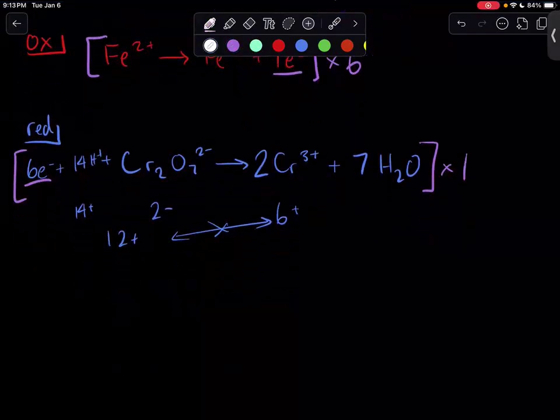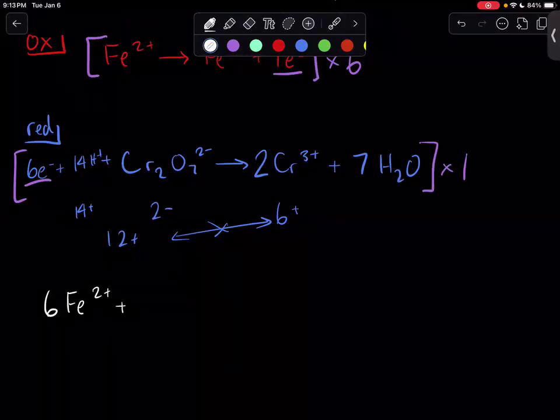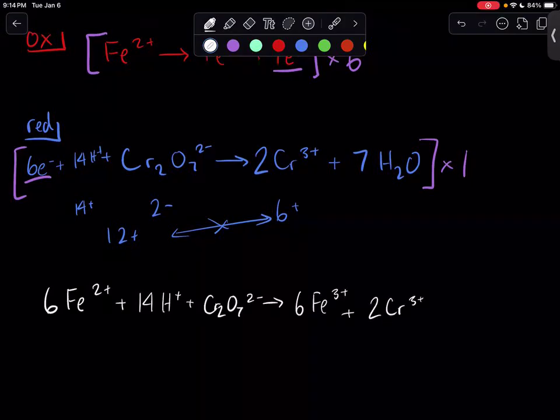And what I end up with is 6 Fe2+ plus 14 hydrogen ions plus dichromate, Cr2O7 2-, reacts to form 6 Fe3+, 2 chromium 3+ ions, plus 7 water.